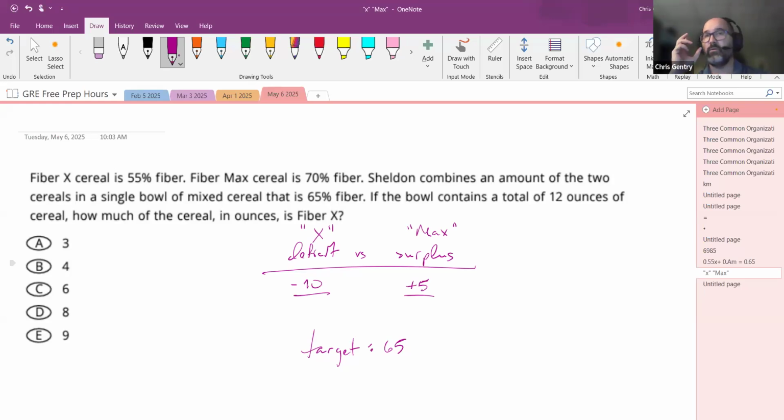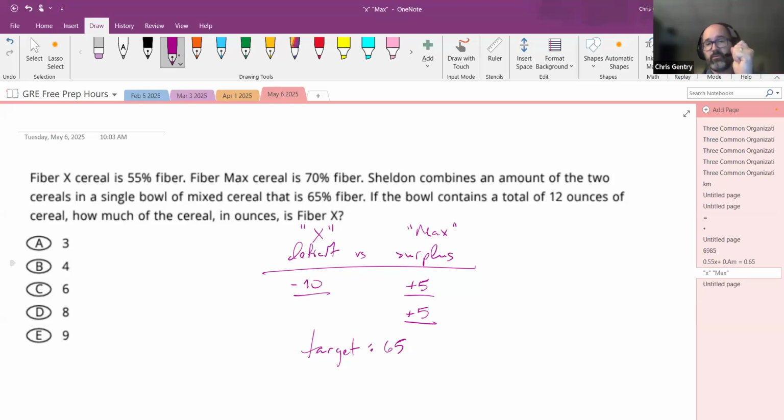And the idea is I don't want too little. I don't want too much. I want Goldilocks. I want the two things to balance out. How do I balance this out so that I don't have too much deficit and I don't have too much surplus? If I put in one more surplus, now my surpluses and my deficits cancel each other out. I won't have too much. I won't have too little.